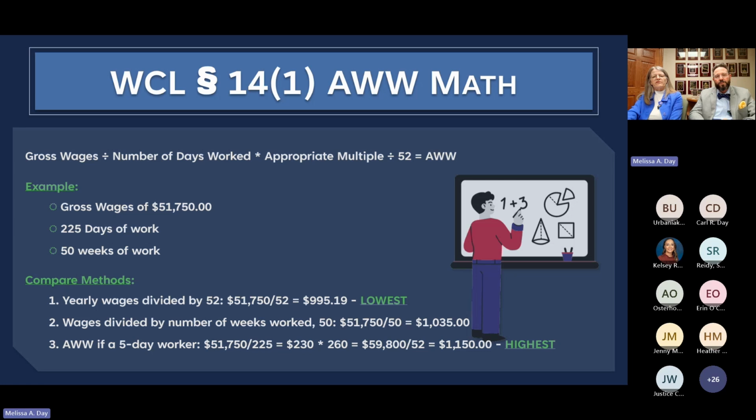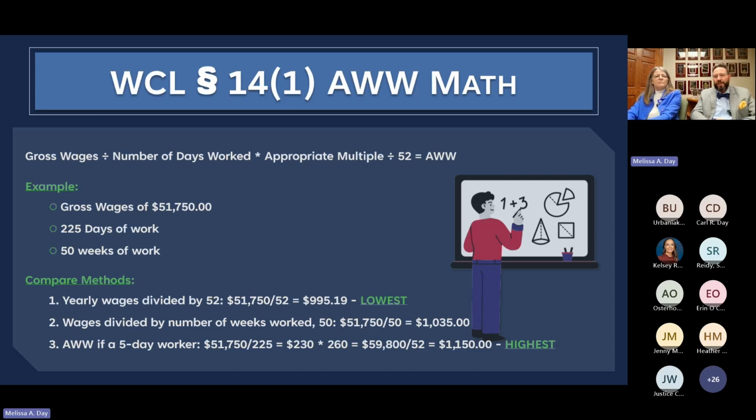But that 225 days was done over a period of only 50 weeks of work. You don't actually have the full set of 52 weeks of wages. We have 50 weeks of wages for that year prior to the accident. So we'd like you to compare conceptually some different ways that you could calculate an average weekly wage.